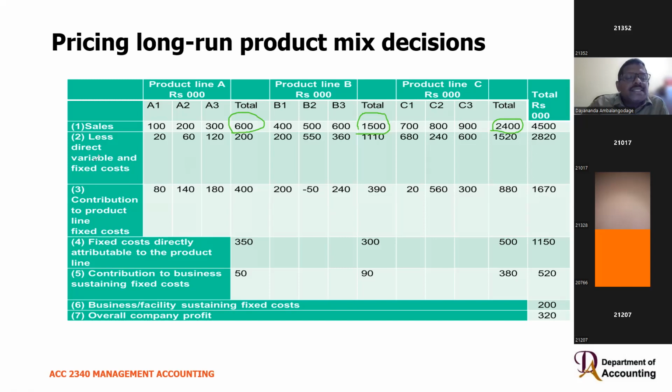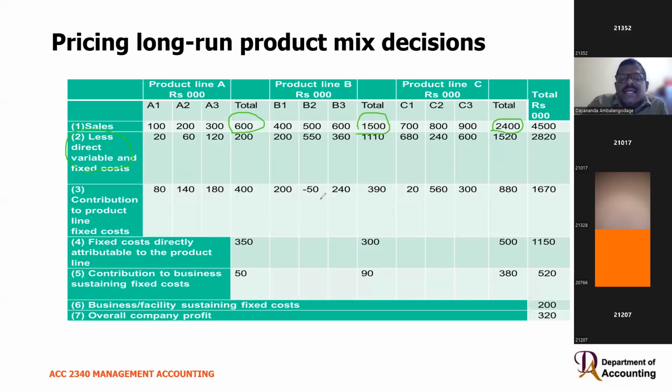Then you deduct the directly attributable variable and fixed cost. Once you deduct this, you get the contribution to the product line fixed cost. Here, remember, you are deducting even the fixed cost which is applicable to the product. So 80, 140, 104. We call it contribution to the product line fixed cost.